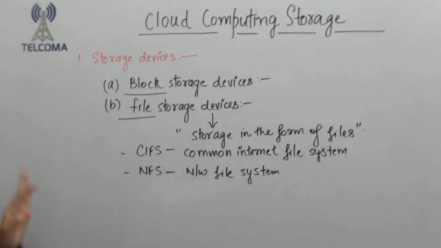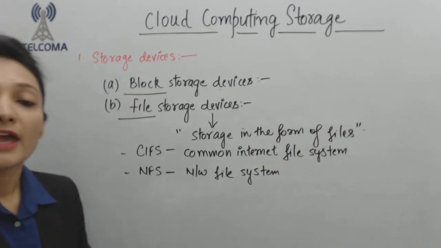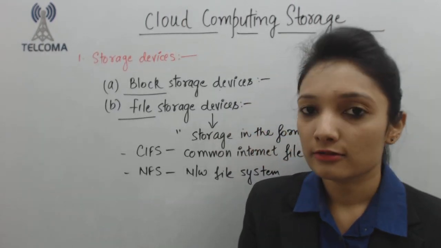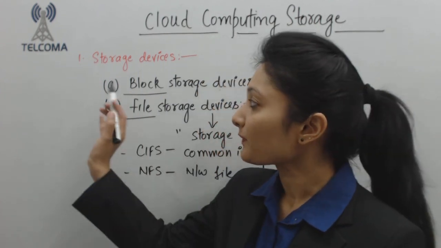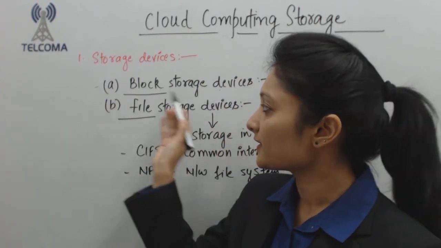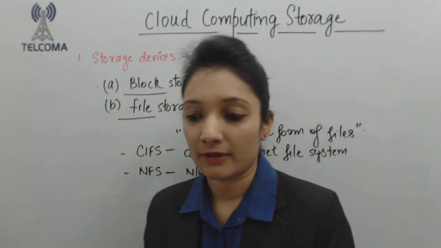So we have two types of storage devices here: the block storage devices and the file storage devices. One stores in the format of blocks, divided into blocks which act as your hard drives, and the other maintains its own file system.